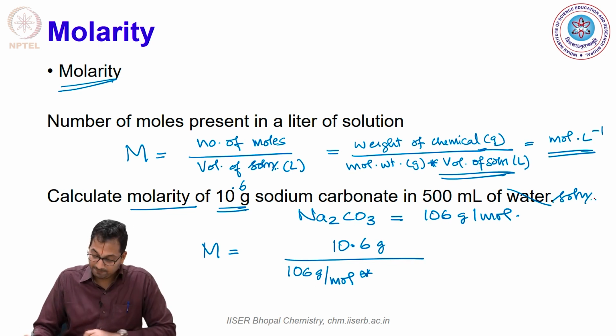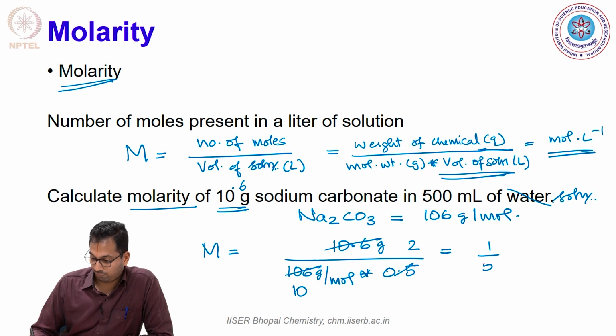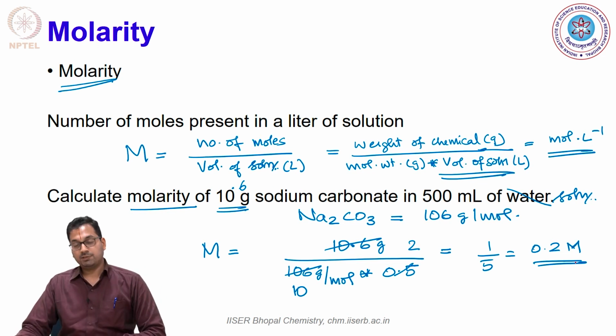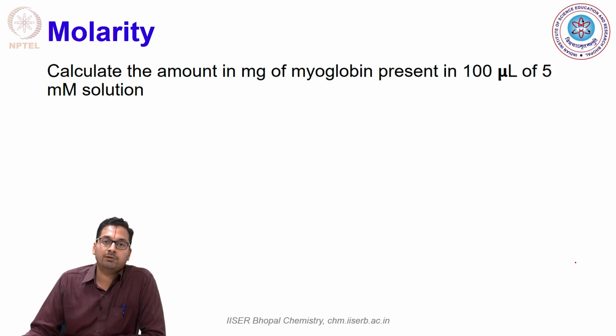So that is going to be 0.5. So basically this is 10 and this is 2, so you're going to have 1/5. So 10 grams of sodium carbonate in half a liter of water constitutes 0.2 molar. We have just determined the molarity of sodium carbonate in half a liter of water when you have 10.6 grams of sodium carbonate.